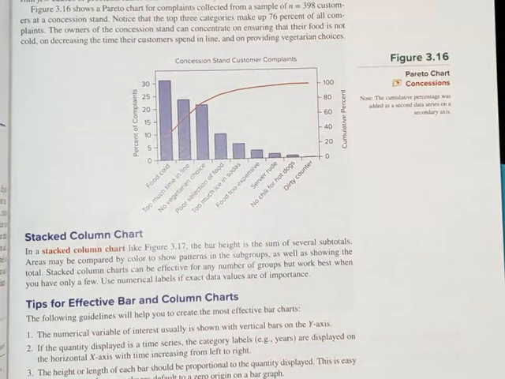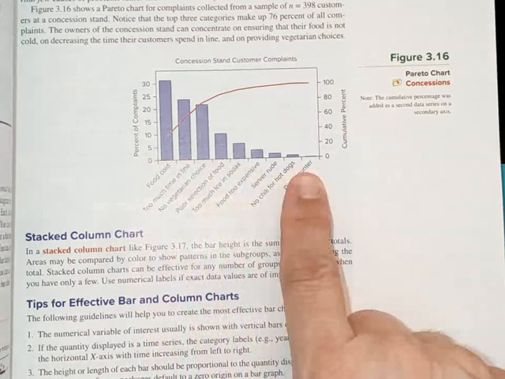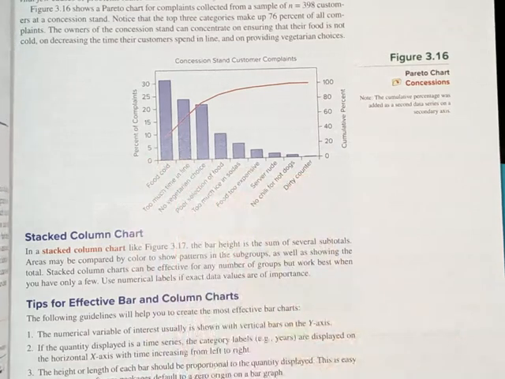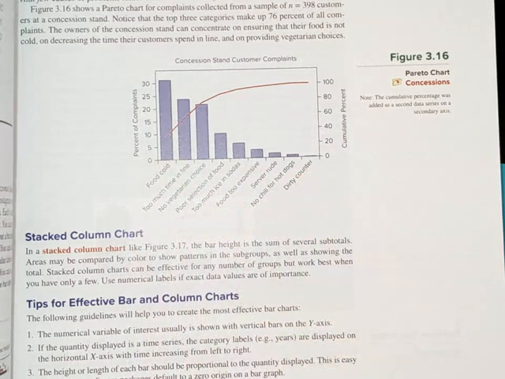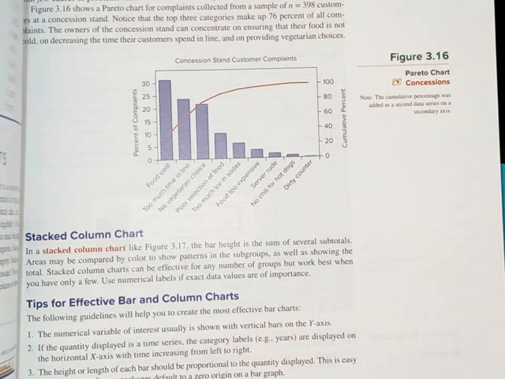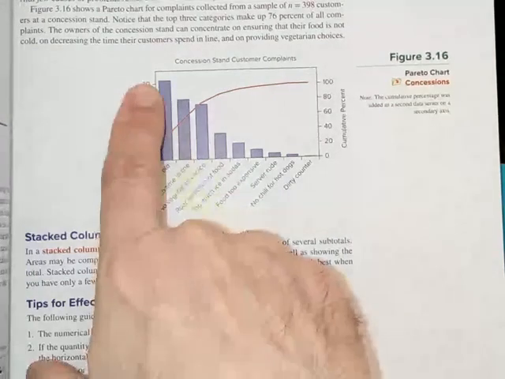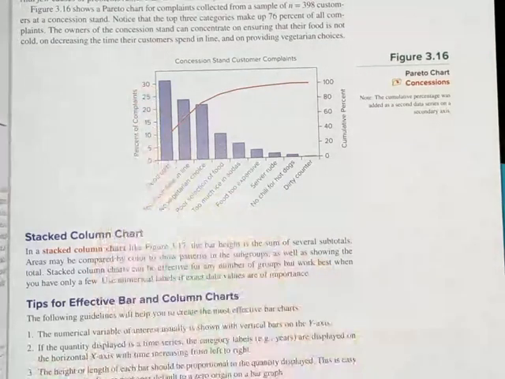Well, Pareto, the person who said that 80% of your issues come from 20% of causes. Big things in the middle. Well, this allows you to focus on what the big things are. What people complain about at a concession stand: being cold, 80% of the complaints.